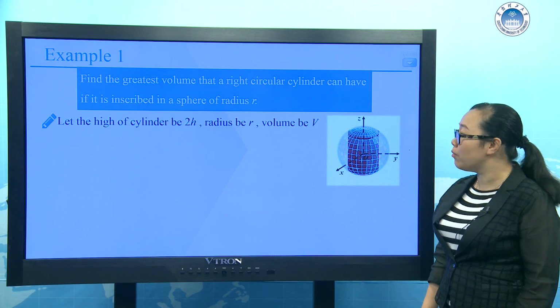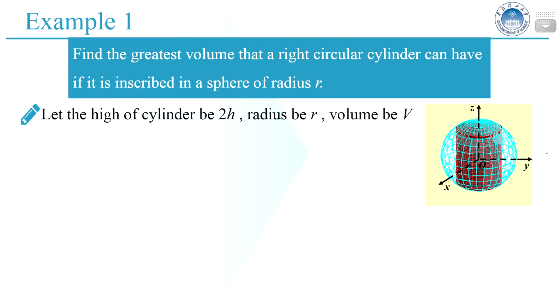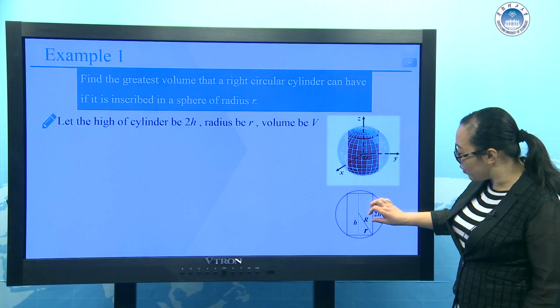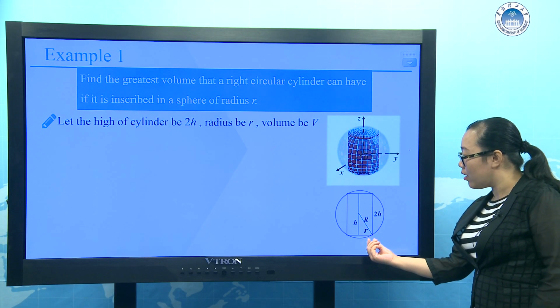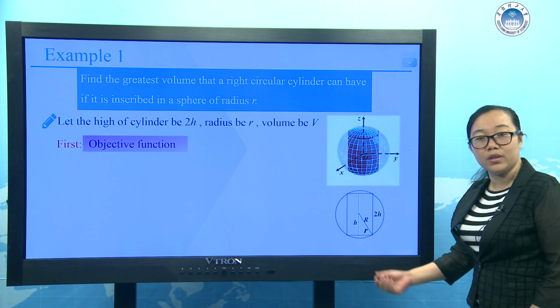Let the height of the cylinder be 2h, the radius be r, and the volume be capital V. Look at the corresponding picture. This is our radius R. This is our height, 2h. This is our little r, the corresponding radius.